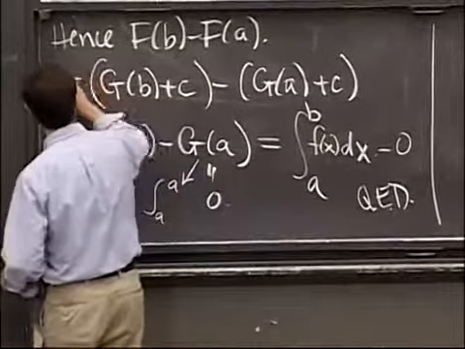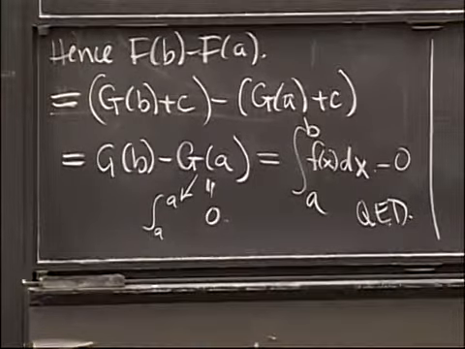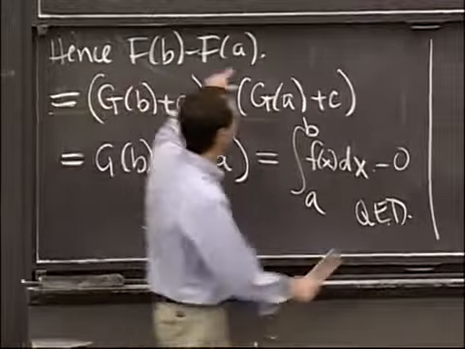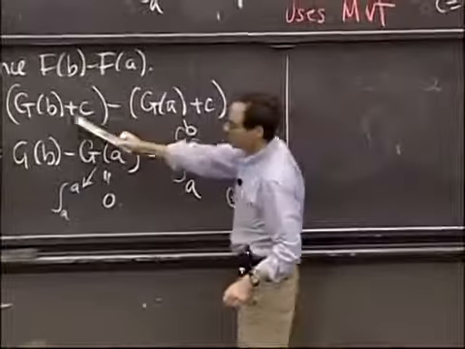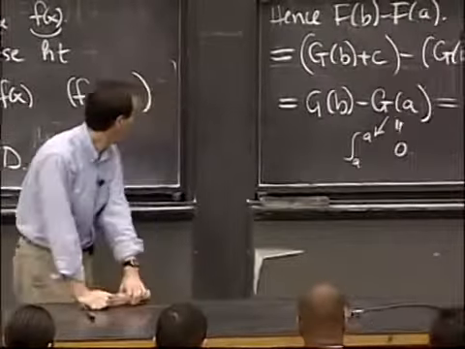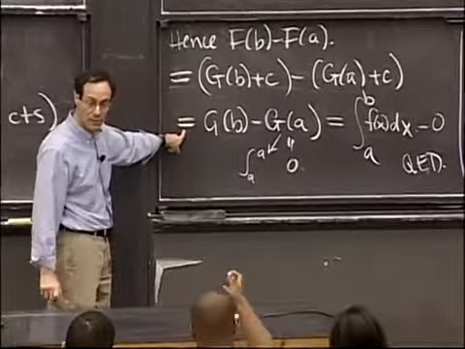Oh, sorry, this is an equal sign. Sorry, the second line didn't draw. Equals, because we're plugging in for f of x the formula for it. Can you just go from f of b minus f of a to that? This step here?